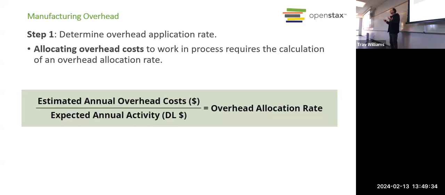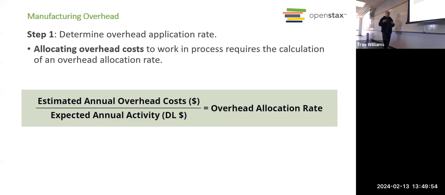And companies can use whichever method they think makes the most sense for that mission. If they tend to use a lot of labor in their production, then they can probably more accurately estimate overhead based on how much labor they used, either in hours of labor or total cost of labor.